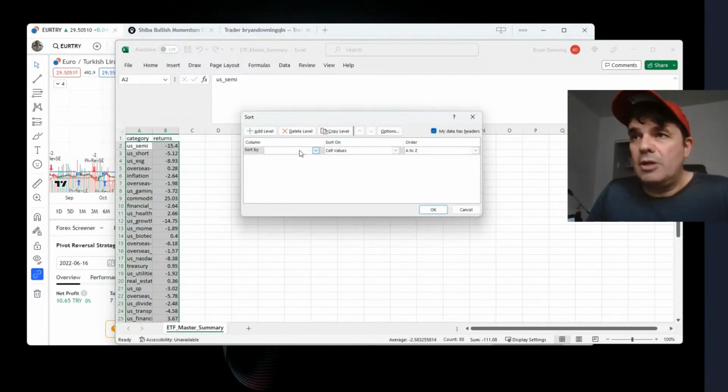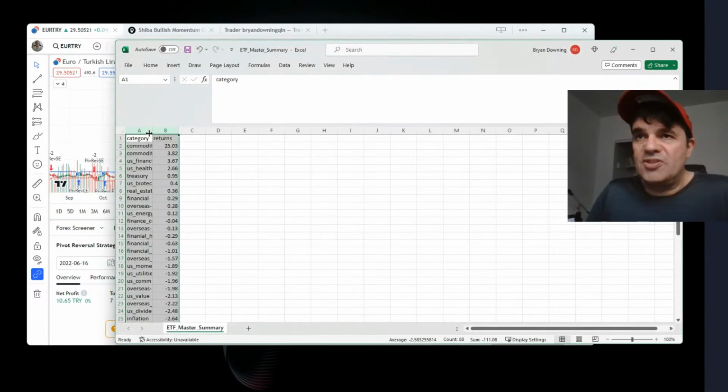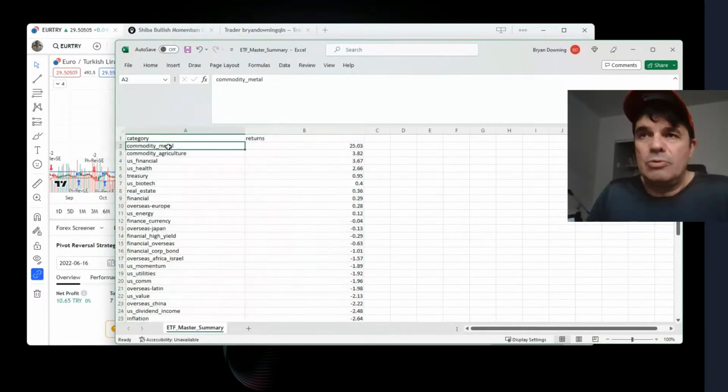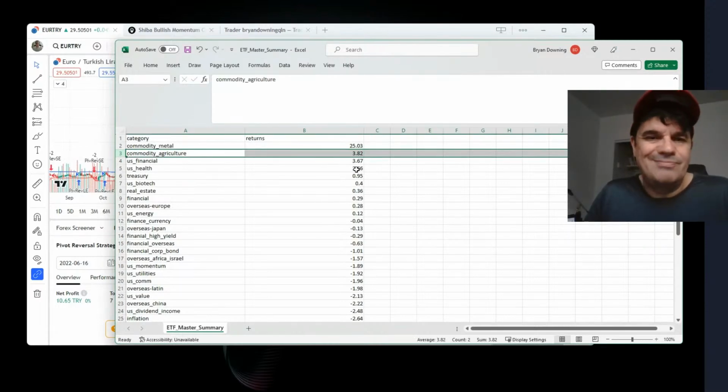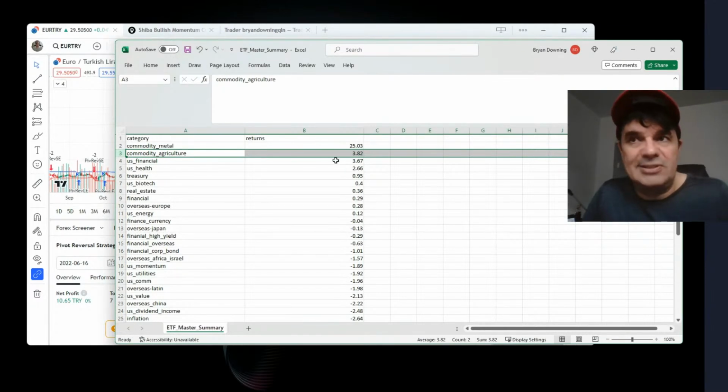Let me just do a sort here, and you know exactly what's performing. As I said, we've got commodities doing really well. Commodity metal, which is very strong. Commodities agriculture, and this would include ETFs as well. With the ETFs, there's no real company in the agriculture, so you're not going to see those.